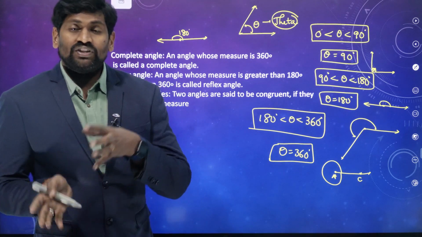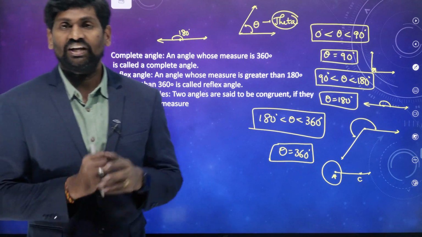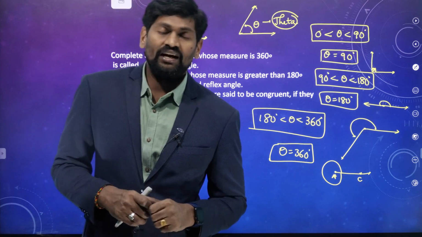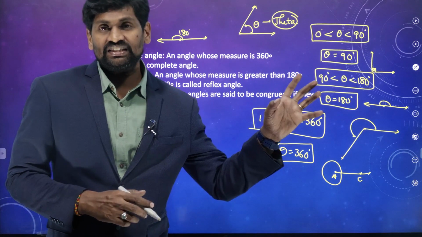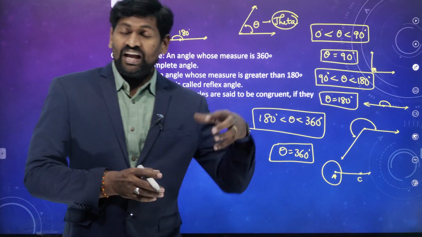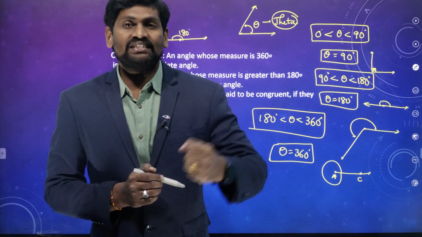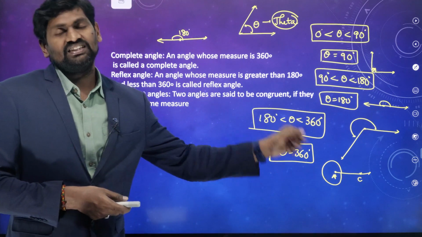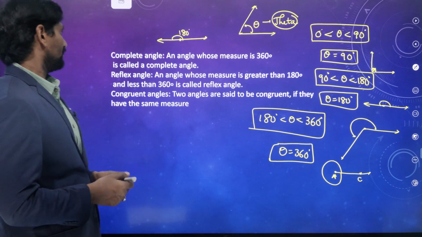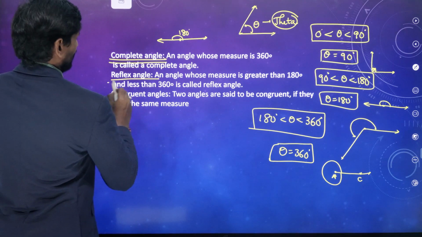If the measure of angle theta is less than 90 degrees and more than 0 degrees, it is an acute angle; exactly 90 degrees is a right angle; more than 90 and less than 180 degrees is an obtuse angle; exactly 180 degrees is a straight angle; more than 180 and less than 360 is a reflex angle; and 360 degrees is a complete angle. We discussed the reflex angle also.